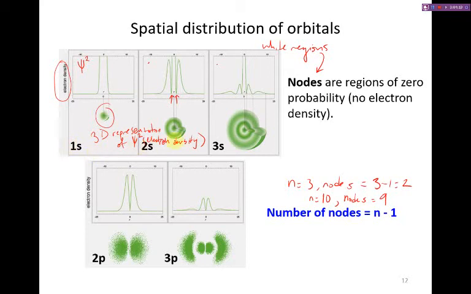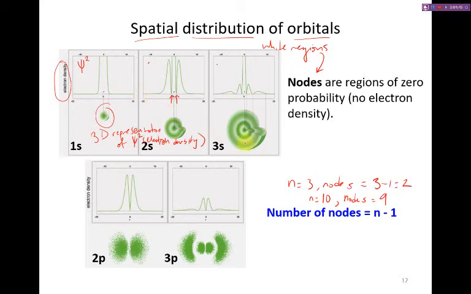Okay? And so we've got different representations of the electron density. We have 1s, 2s, 3s that look essentially like spheres with smaller spheres inside. And then we also have the p-shaped orbitals, which look somewhat like dumbbells. These spatial distributions of orbitals are based upon graphing the electron density in 3 dimensions.